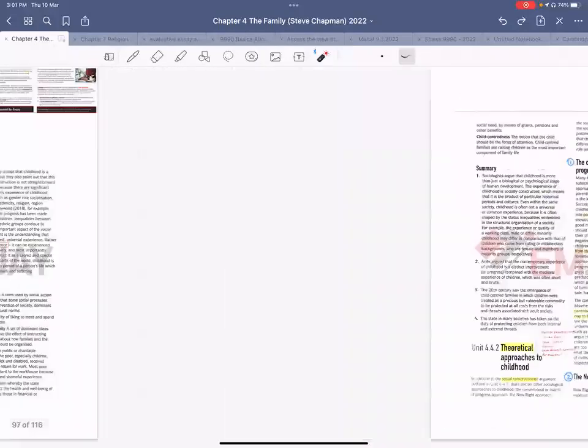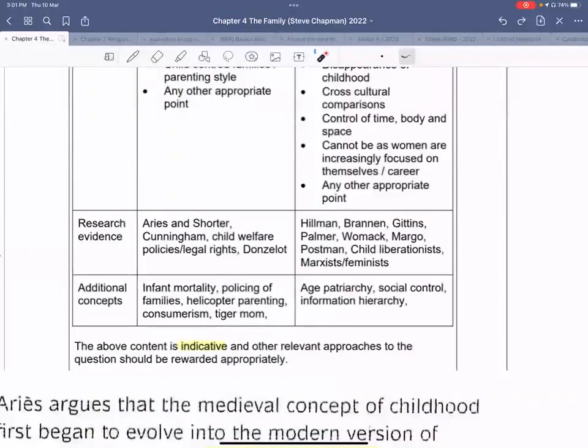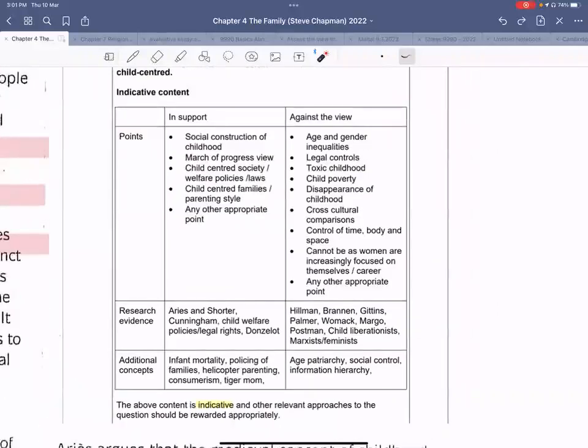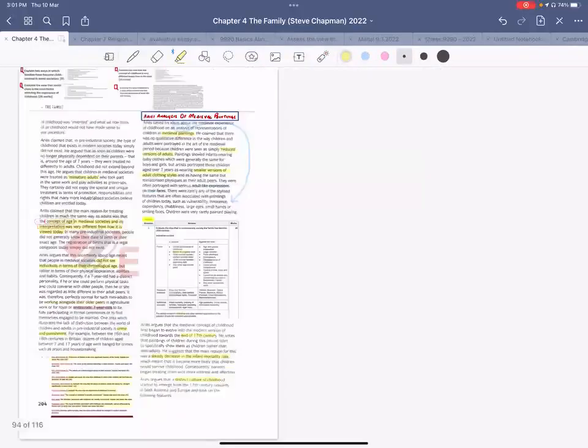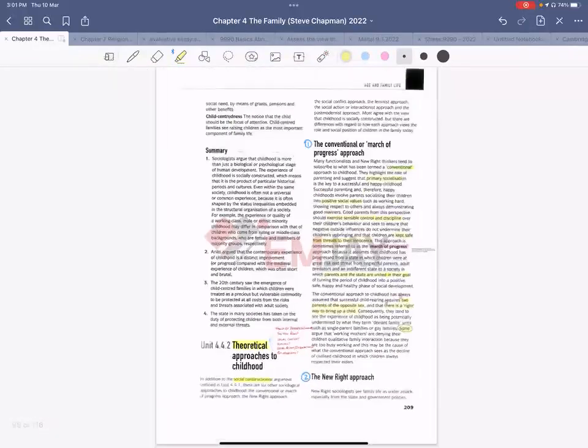This is used here as a reference. Are we good? So yeah, this brings unit 4.4.1 to an end.